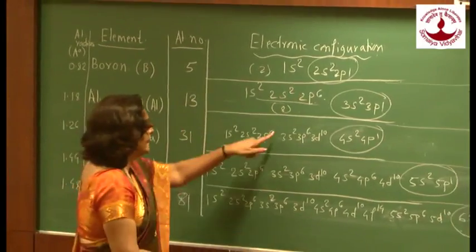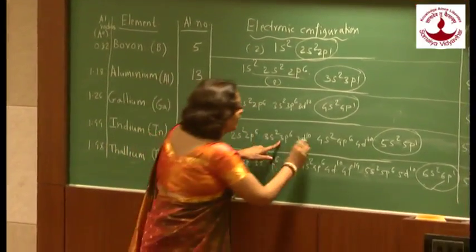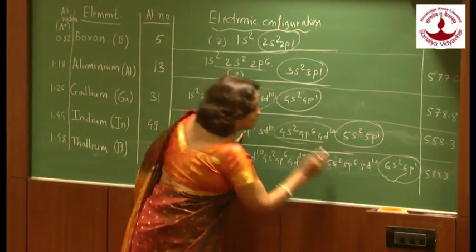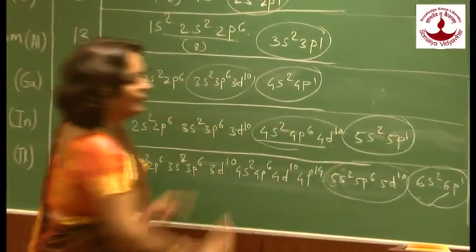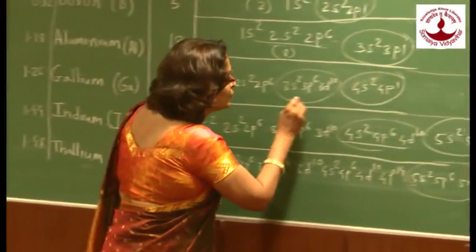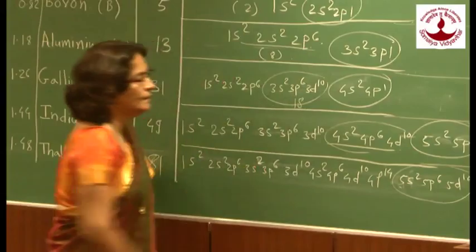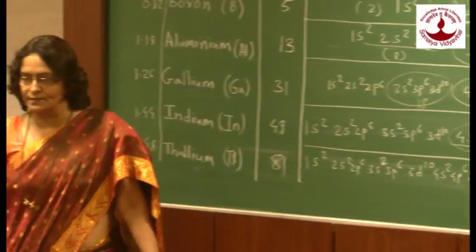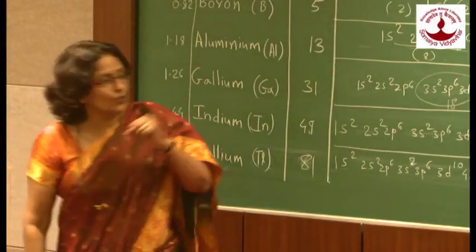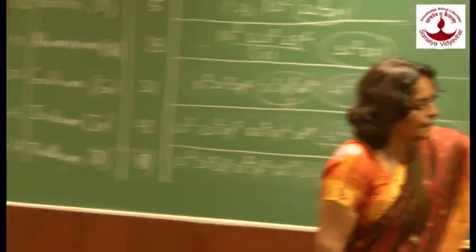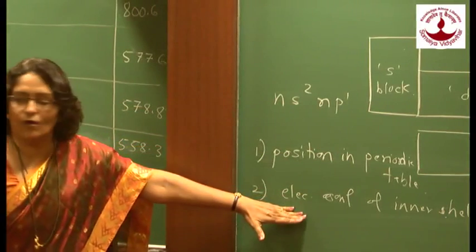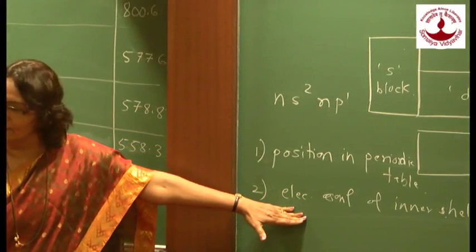Whereas gallium, indium and thallium have a pseudo-inert gas configuration in their inner shell, with 18 electrons. Because of these two reasons, their position in the periodic table is different and the electronic configuration of their inner shells is different.